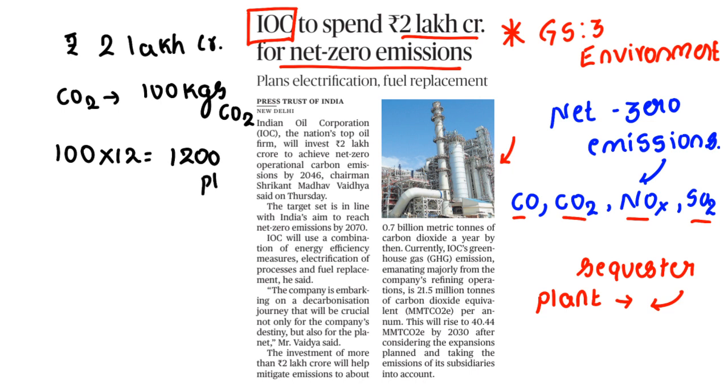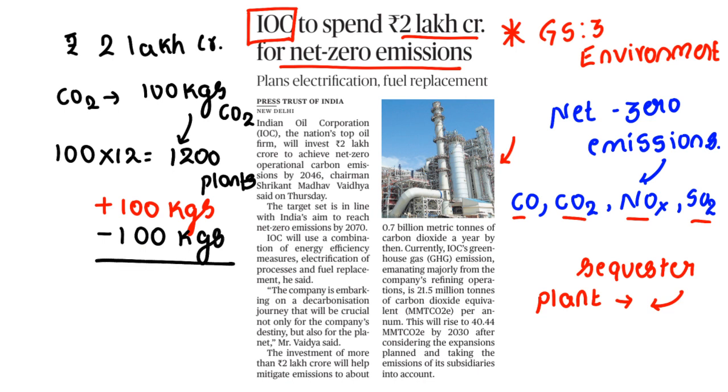If these 1200 plants are able to absorb the 100 kgs of CO2, then the company would become net zero. Why? Because you are producing 100 kgs from your company, but the plants you planted are absorbing 100 kgs, so you would remain at zero. This is called net zero.